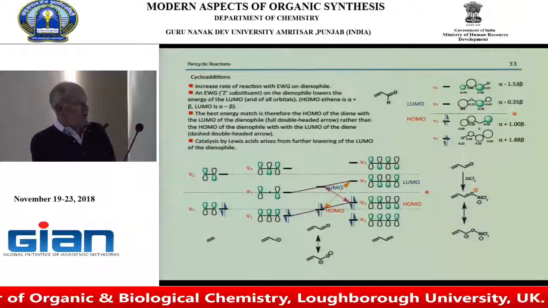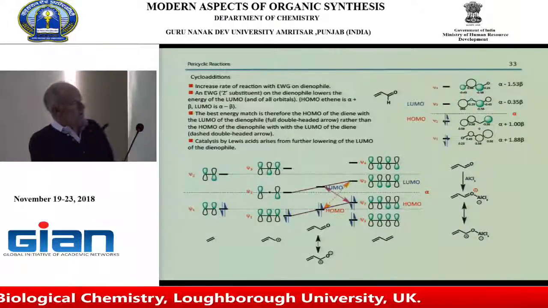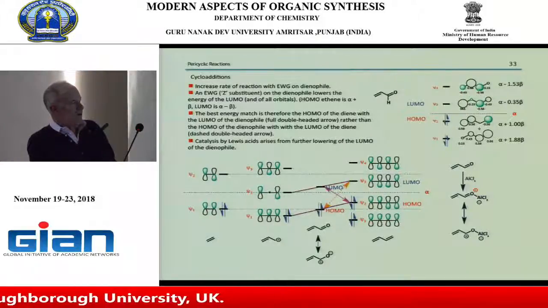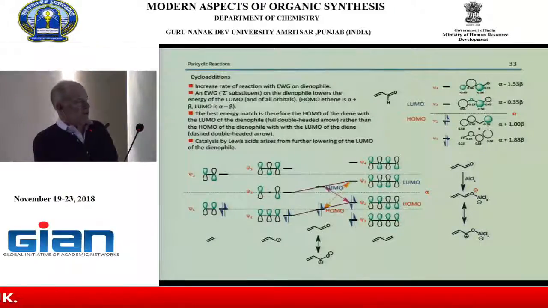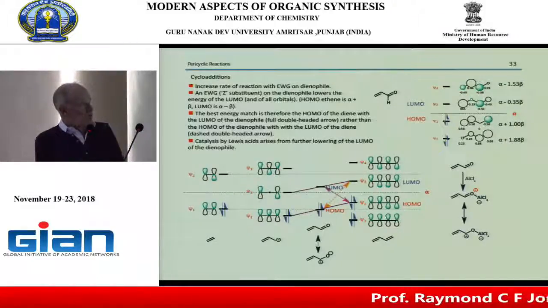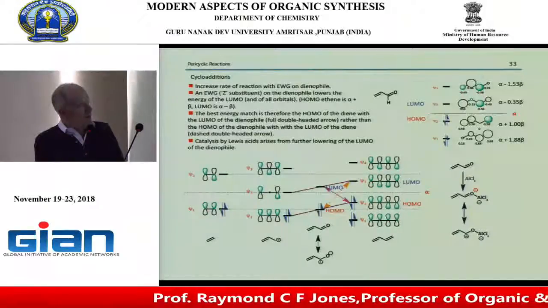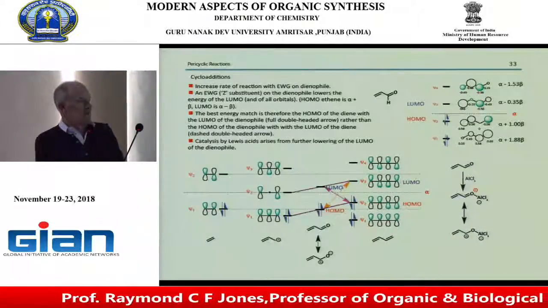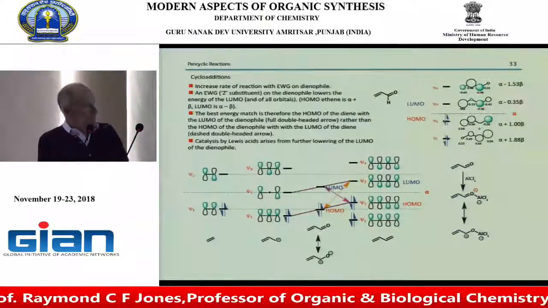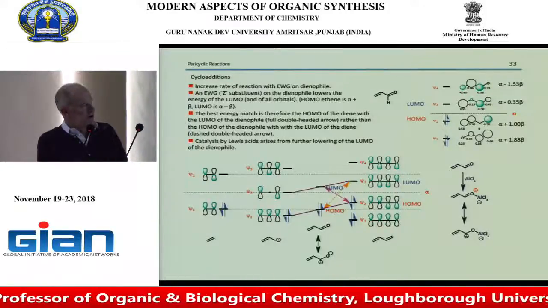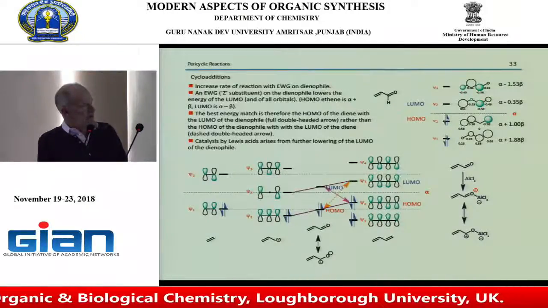So that's not so good. On the other hand, the LUMO of the modified dienophile is now closer in energy to the HOMO of the diene. So this interaction is now smaller than that one, and so the reaction is accelerated. So this is a model for seeing why withdrawing groups, because they're taking the LUMO from here to here, is speeding up the overall reaction by making this gap dominant and this gap smaller than it would be from here to there.